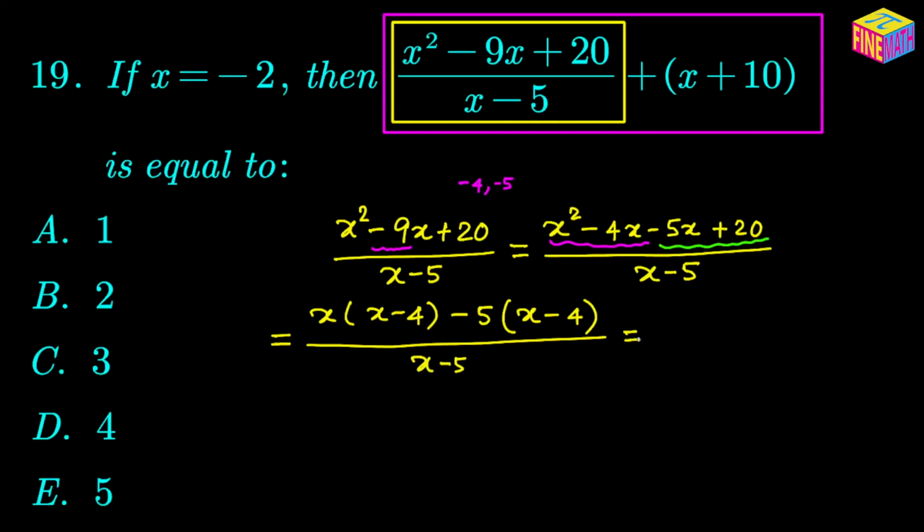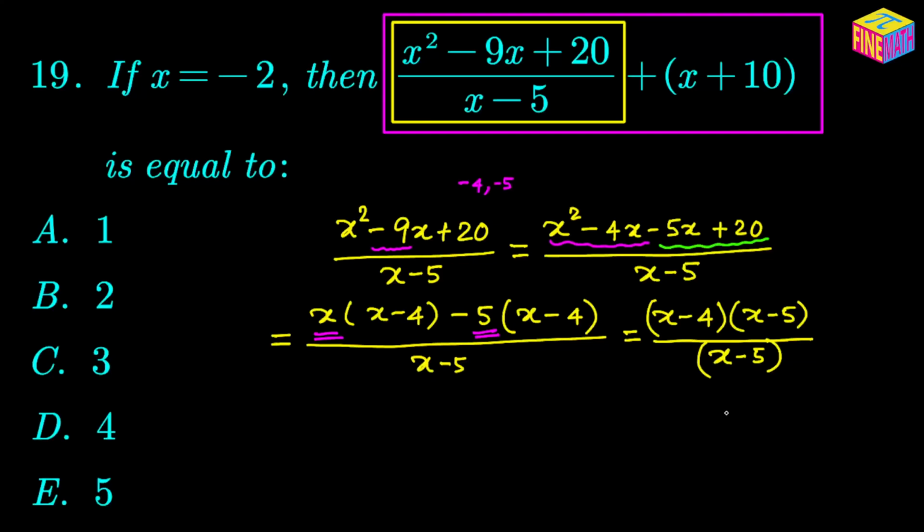Now from here, what do we get? Well, we get x minus 4 as a common factor, and then we are left with this positive x and the -5. So that is x minus 5. And then in the denominator, we have x minus 5. Now if you think about it, x minus 5 is definitely not 0, otherwise it would not be present in the denominator.